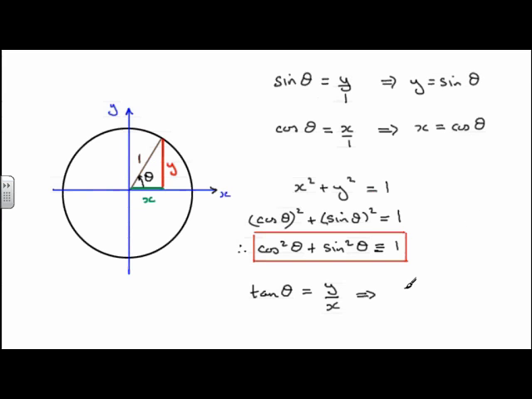So we have this identity that tan theta is identical to sine theta divided by cos theta. And this is true for all values except when cos theta is 0.